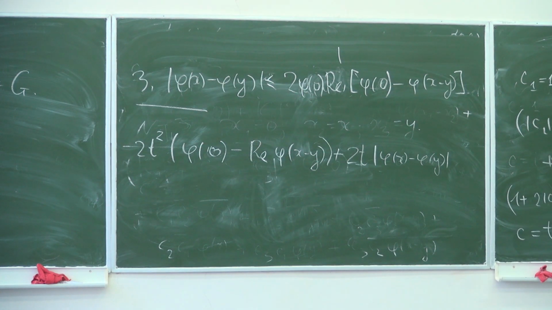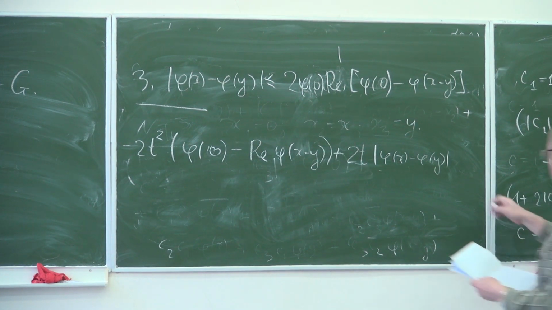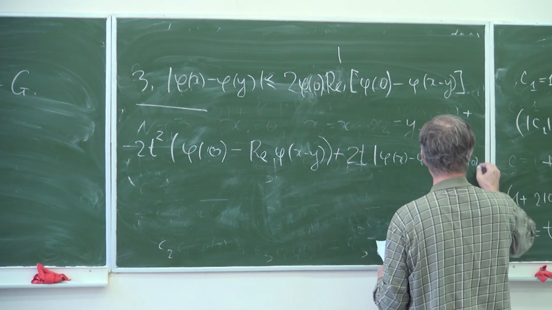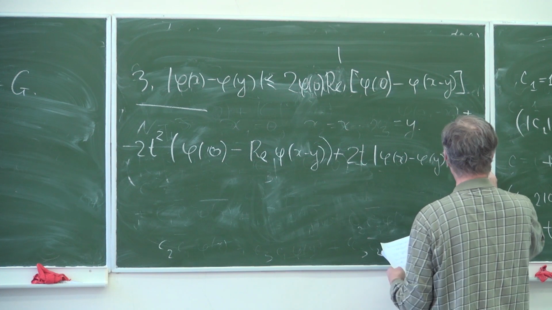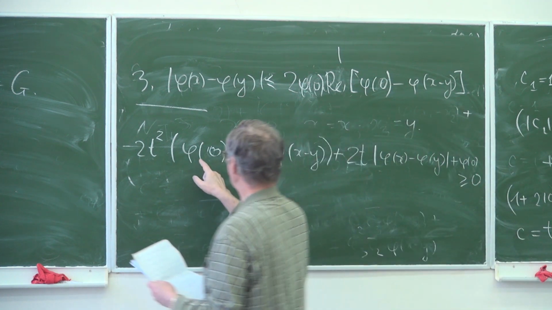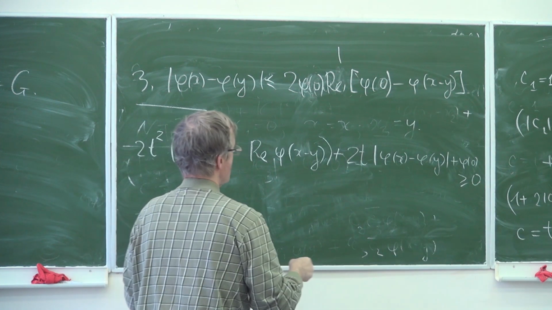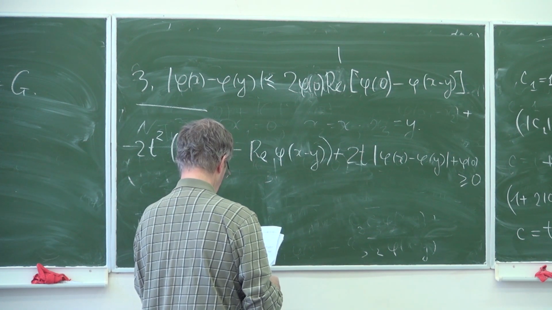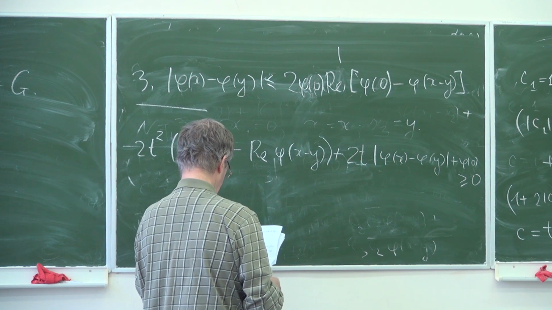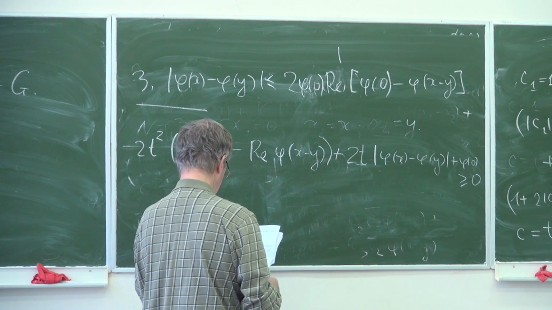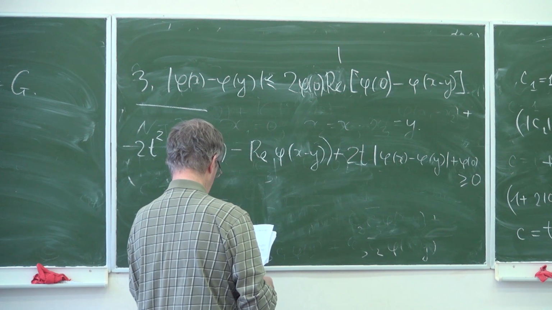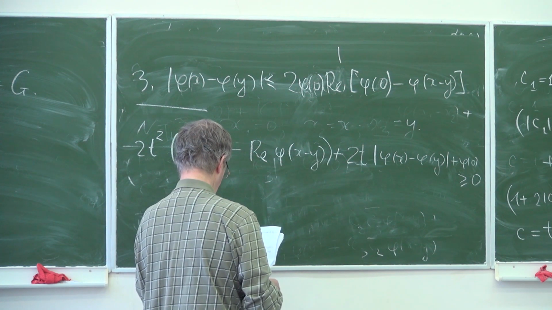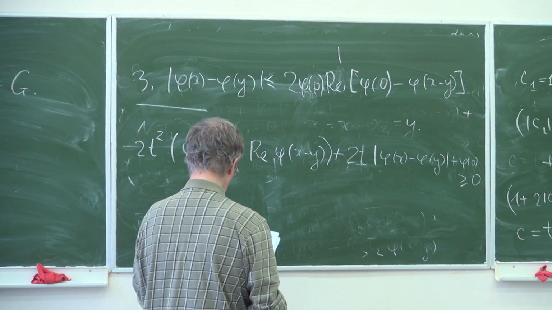This comes from here, and also there remains another term, phi of 0, and this is non-negative, and we have assumed that phi of 0 is non-negative.